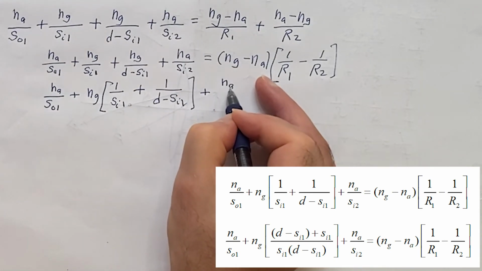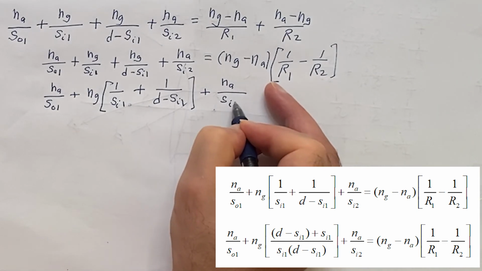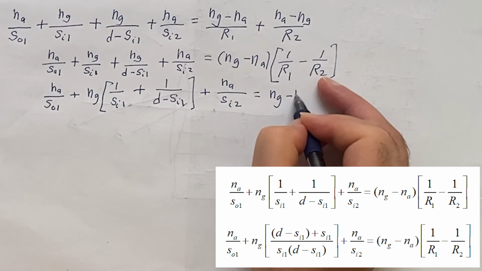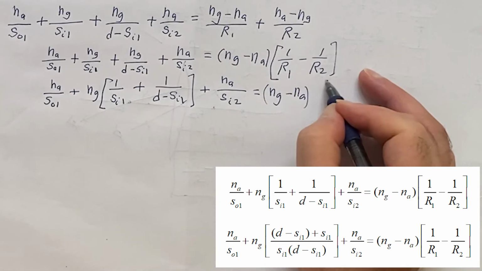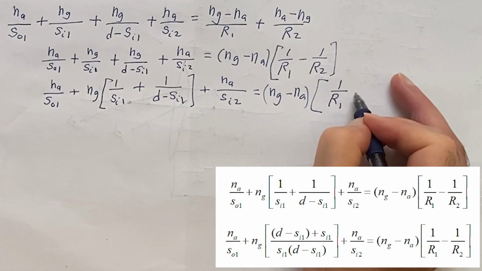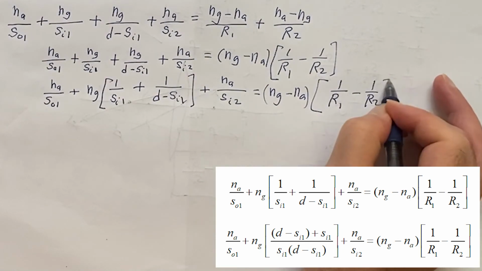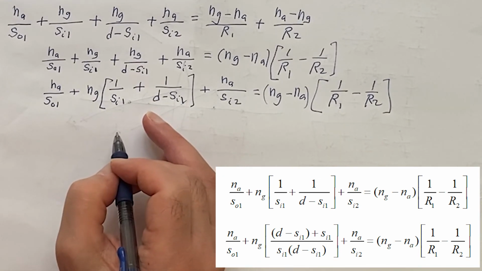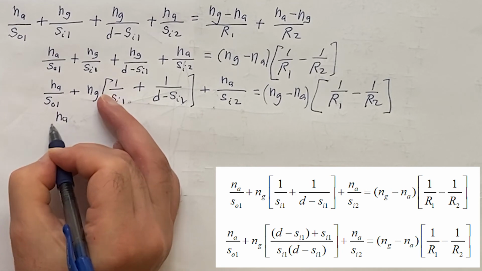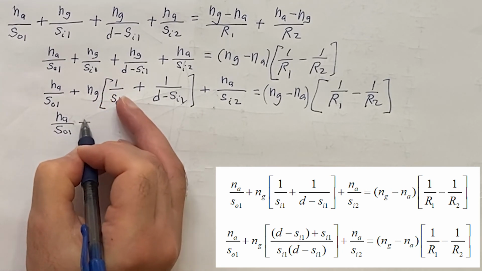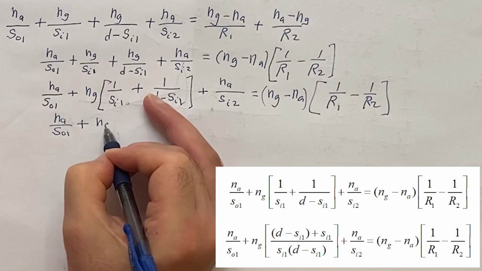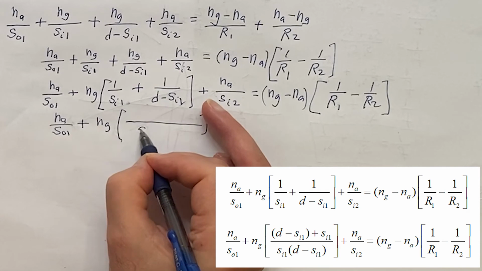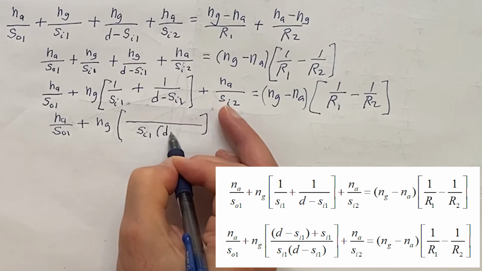Plus lots of algebra. And this is going to be equal to then the same thing that we have over here. Right. Algebra City is what this is. Algebra City. Okay, then if we go to the next step, Na over the object distance 1 plus Ng, we're going to combine these two together. Si1 and the D minus Si1.